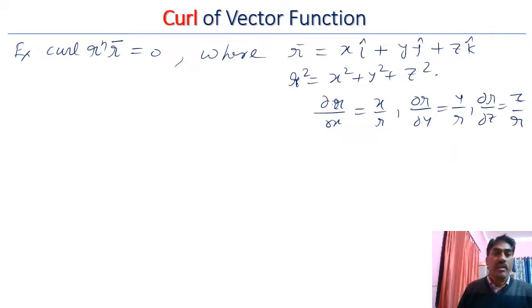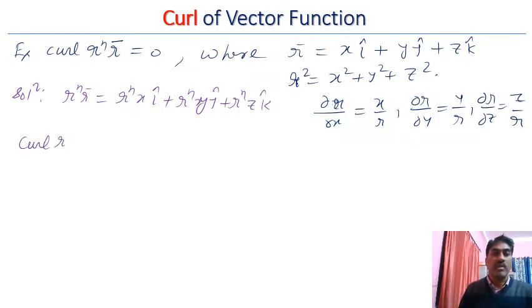So what is r^n r? This is precisely r to the power n x i plus r to the power n y j plus r to the power n z k. This is r^n r. So then what is curl of r^n r? This is the determinant i j k, del by del x, del by del y, del by del z, and r^n x, r^n y, r^n z.